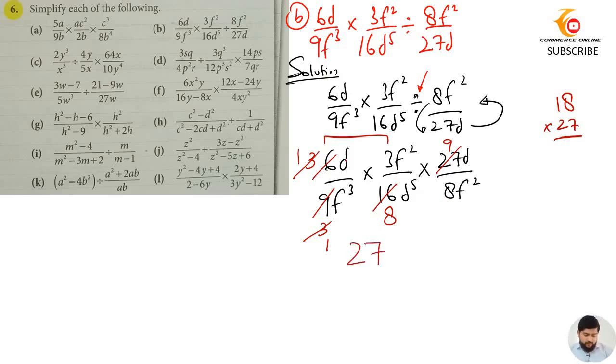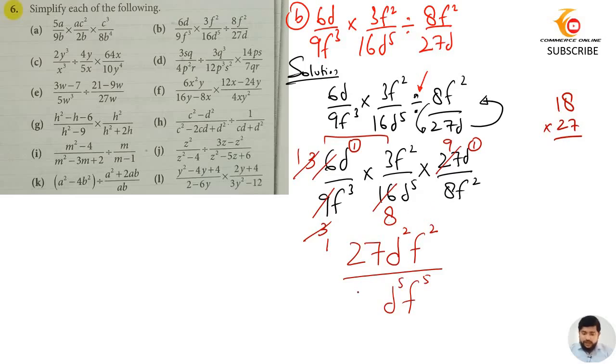27. Now we have d, and the power of d is 1 here and 1 here. That will become d square and f square. Here f cube and f square will become f5, and we have d5 here.